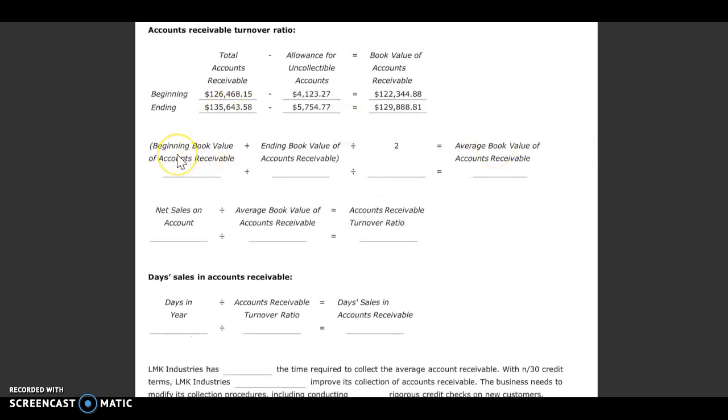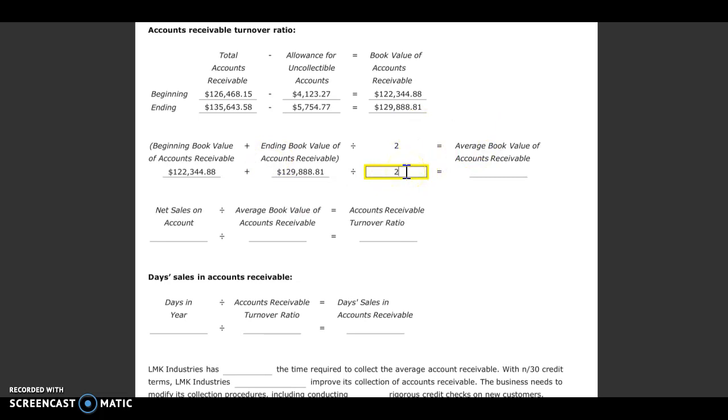Okay, and then here it's asking us for our beginning book value of accounts receivable. So that's the number that we figured out up above. So 122,344.88. We're going to add to it our ending book value of accounts receivable. So 129,888.81. And then it tells us we're going to divide by 2, so they have us put in 2 again.